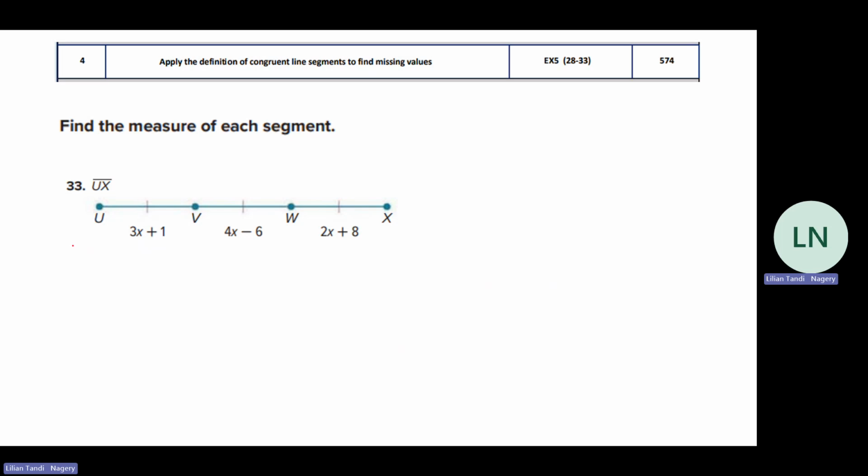Okay, now, what do you notice? You have 3 congruent parts, but you don't know the number for either. So you take any 2. You can decide to do UV is congruent to VW. If you didn't want to choose that, you can do VW is congruent to WX.